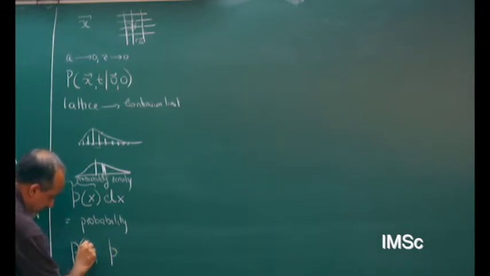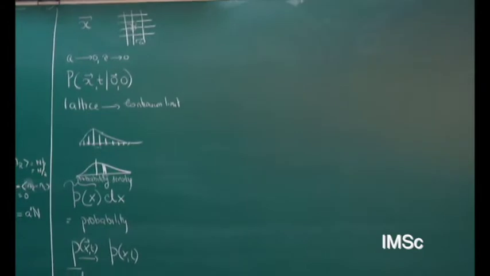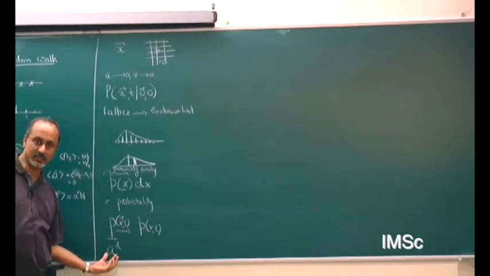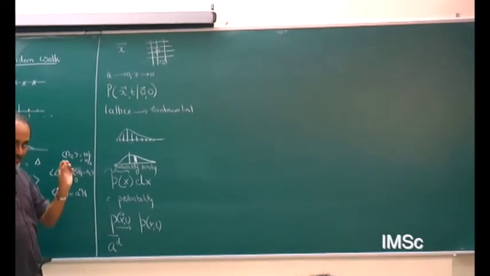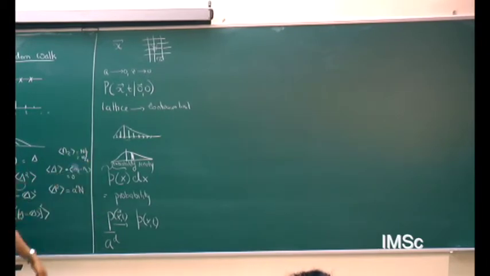So this was P at x and t, and this is small p at x and t. This was our probability density. By dividing by the small a to the d, which I will take to 0, if I multiply this by a to the d, which is my little dx, I will get back the original probability, which is what I wanted to do.